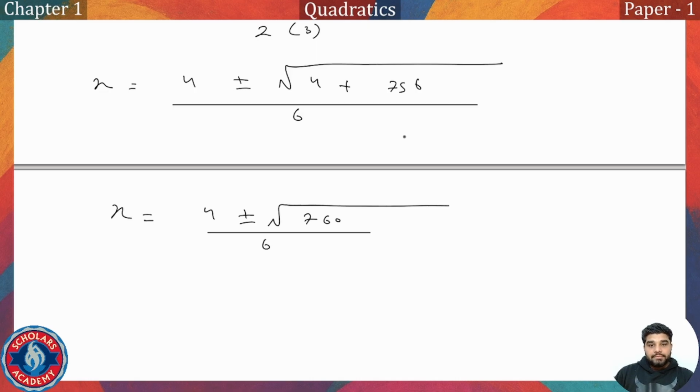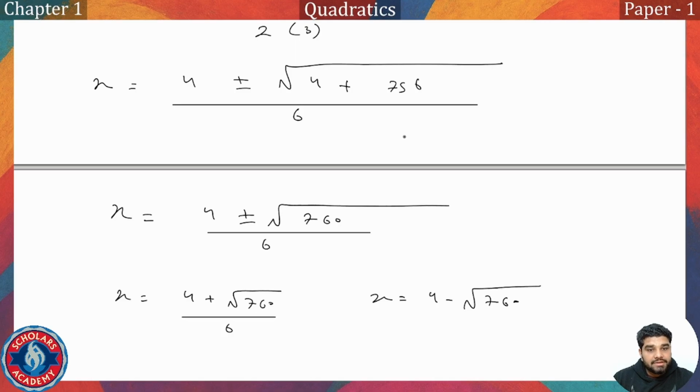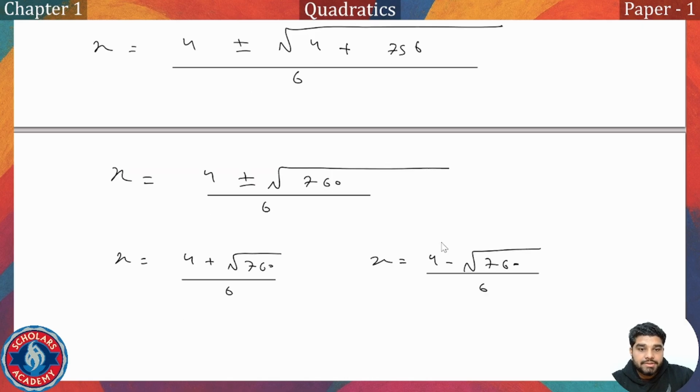So x is either equal to 4 plus minus root of 760 by 6, or x is equal to 4, first one is plus and the second one is minus root of 760 by 6. So these are the two answers.